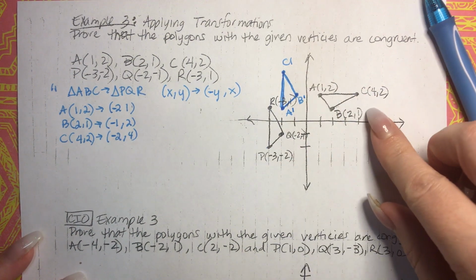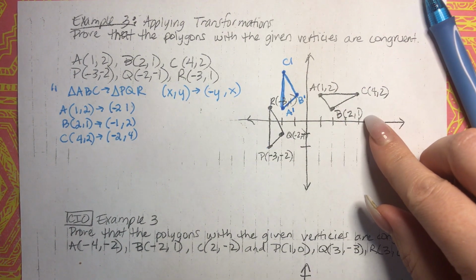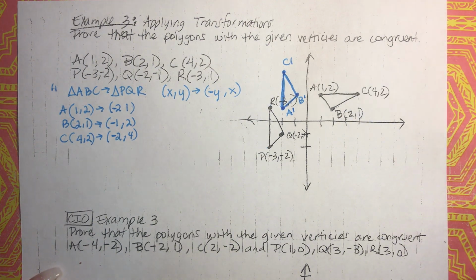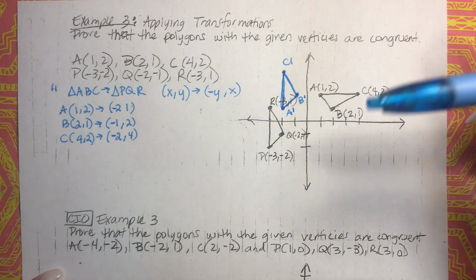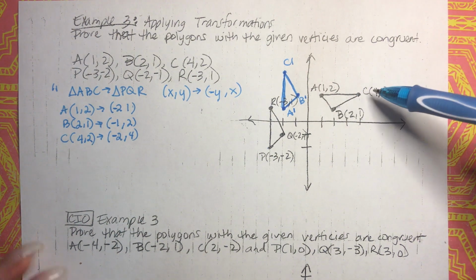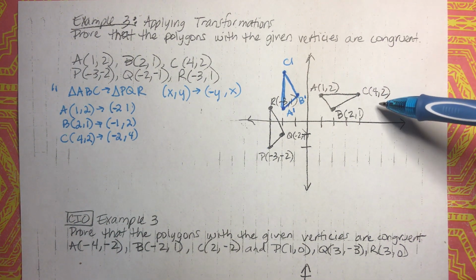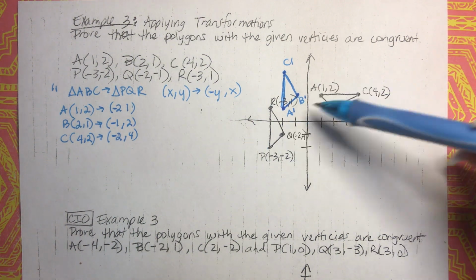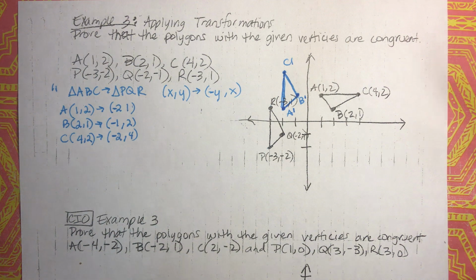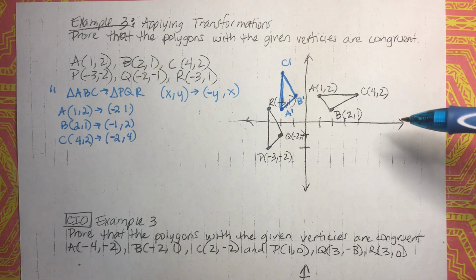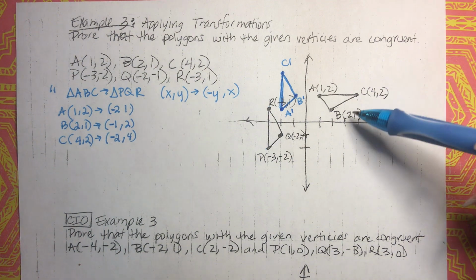So with example 3, you're going to be looking at trying to find if something's congruent when you're dealing with multiple transformations. And if you can show that there are multiple transformations which are isometric, which are the translations, reflections, and rotations, then you can prove that those 2 triangles are congruent, which is the whole point of this entire chapter. It's proving triangles are congruent. So this is how we're doing it.